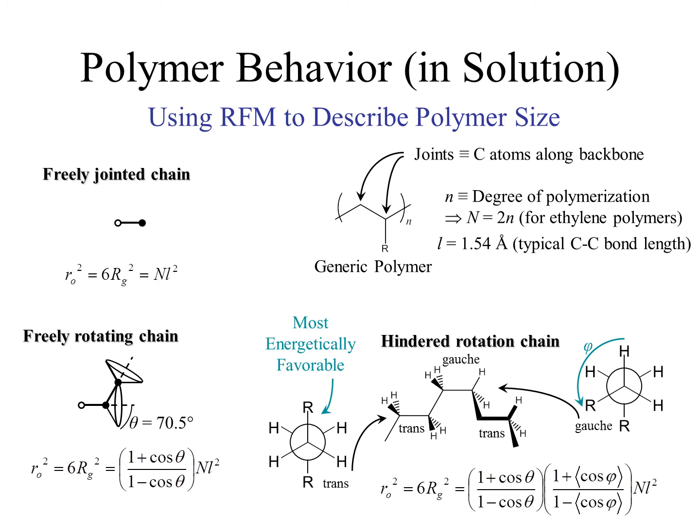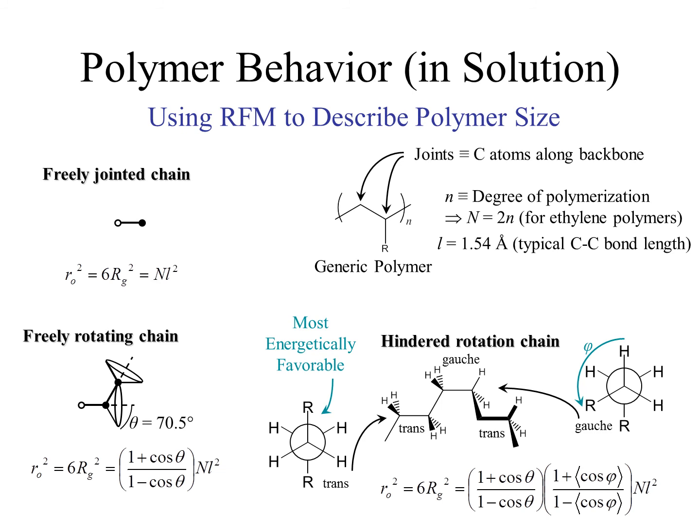Just like the last time, when we put constraints on the freely rotating chain, we end up increasing the estimated size of the random coil by adding another term in front of the NL squared equation. This term is a little more complex though, because one needs to average out the energies from the different conformations over all phi angles to calculate the second term in parentheses.